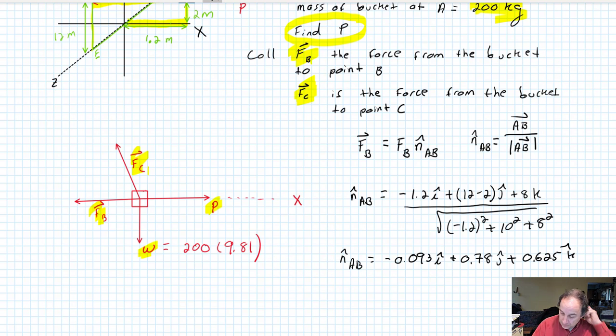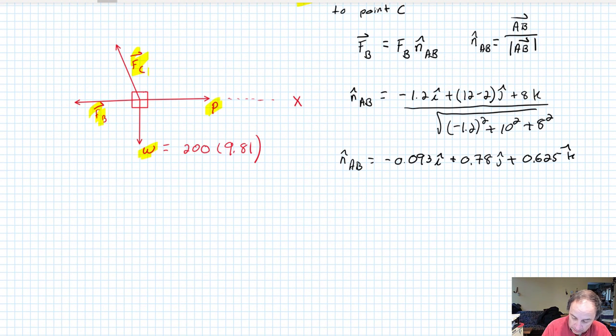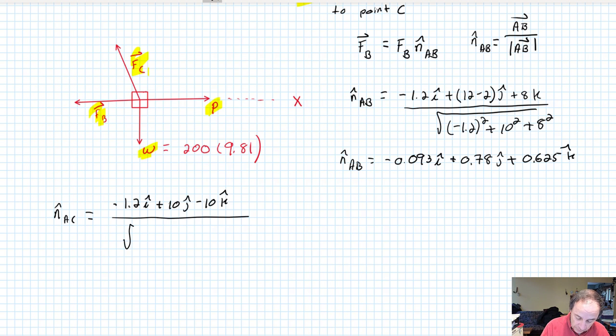All right, do the same thing for C. Unit vector for C, minus 1.2 i plus 10j minus 10k, all that over the square root of minus 1.2 squared plus 10 squared plus minus 10 squared.